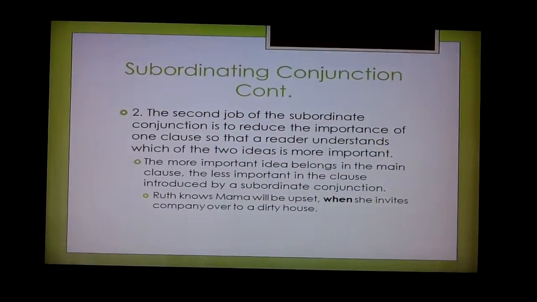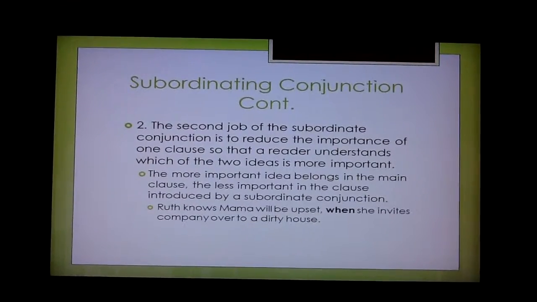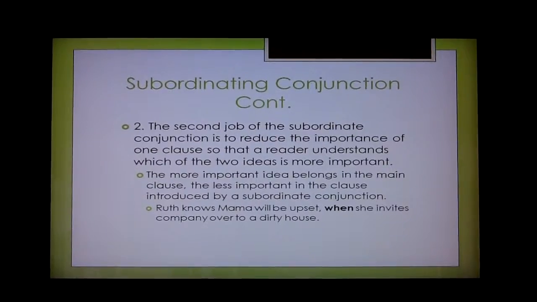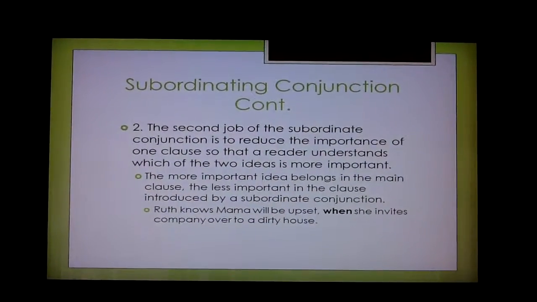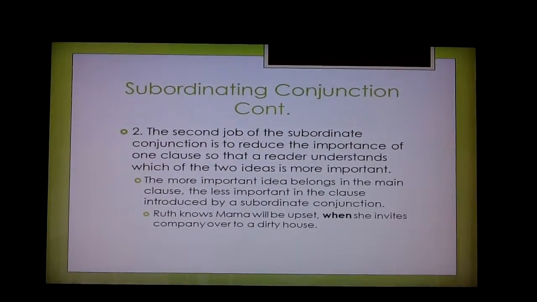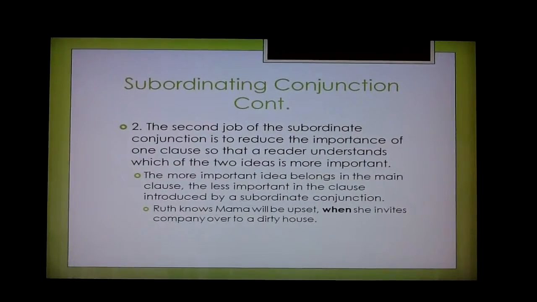The second job of the subordinating conjunction is to reduce the importance of one clause so that the reader understands which is the most important between the two. The more important idea belongs in the main clause, and the less important in the clause introduced by the subordinating conjunction.